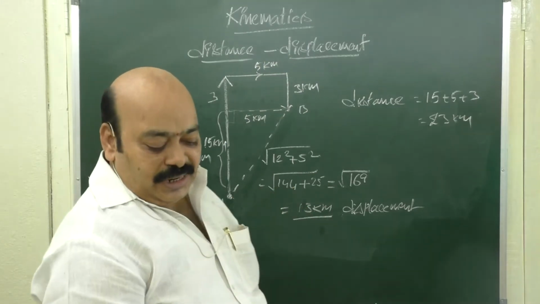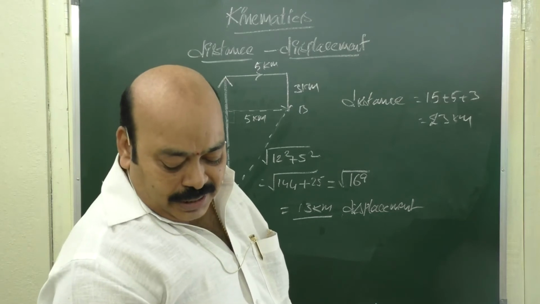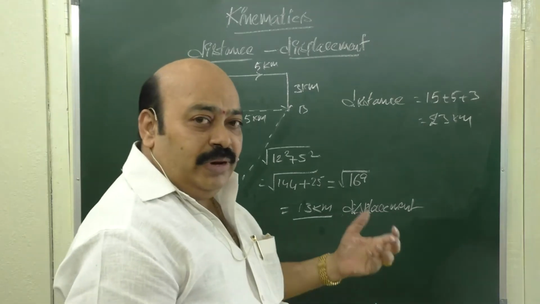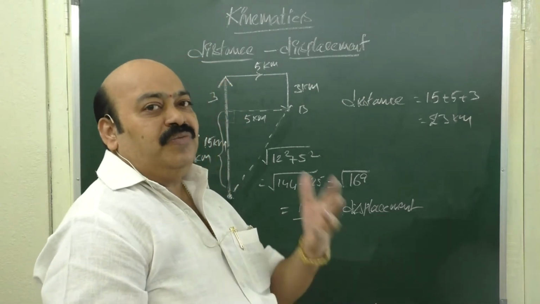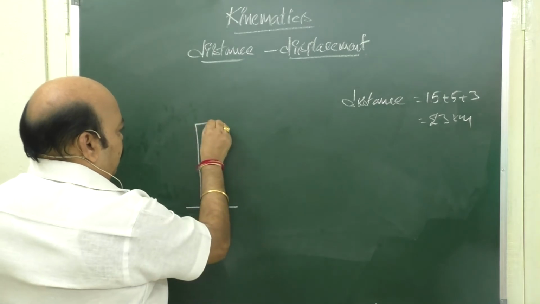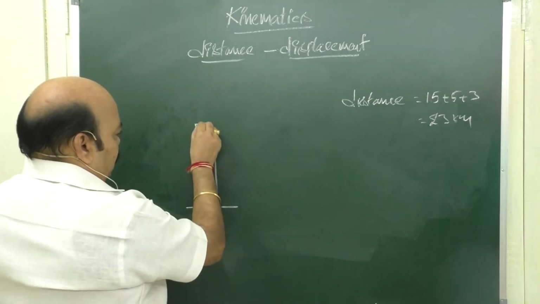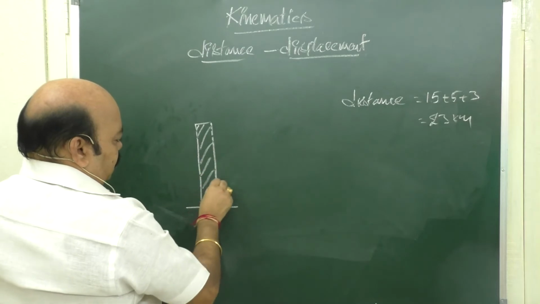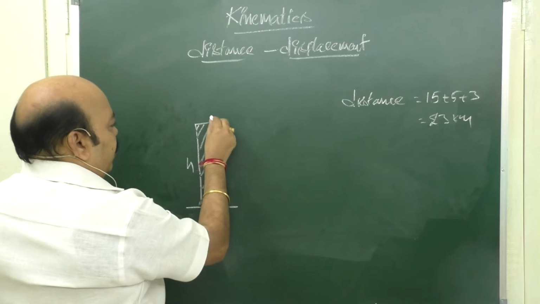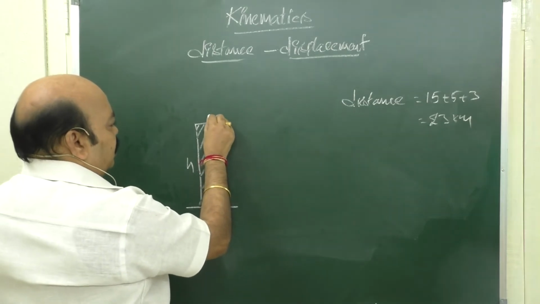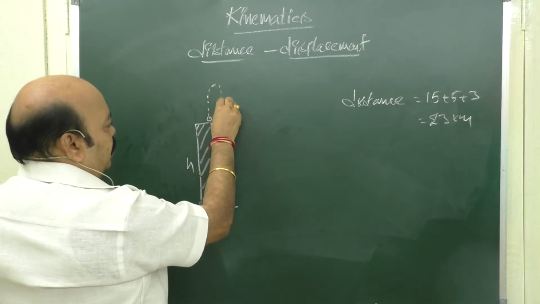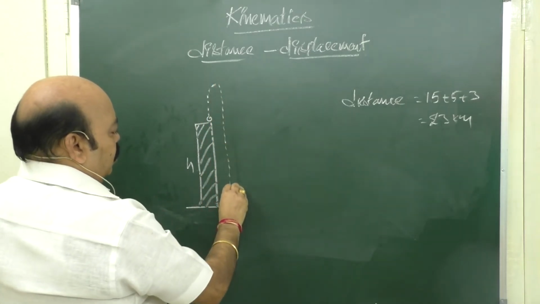Like this, we can create a number of examples, and amongst them, one important case is when a body is projected from the top of a tower. It's a tower of height h. From the tower of height h, a body is projected vertically upwards, then it reaches the maximum height and then falls down to the ground.